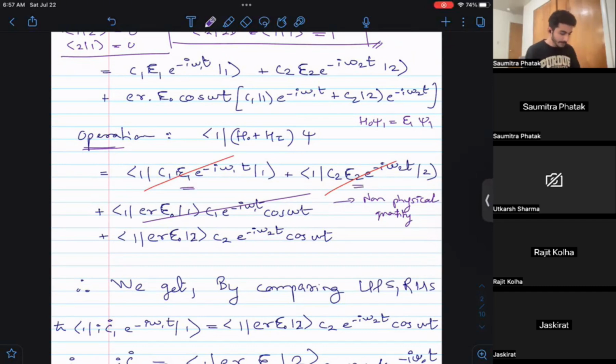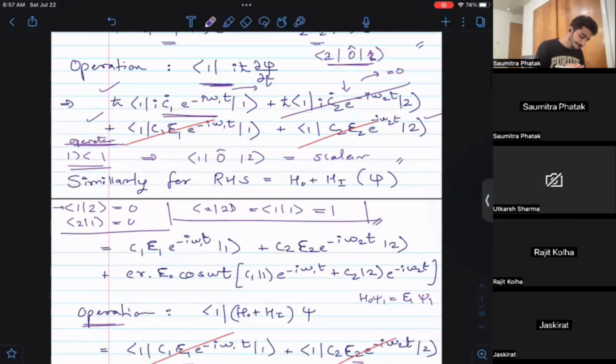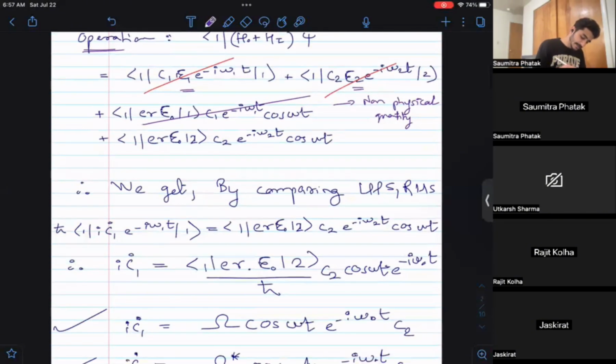And we know that the interaction Hamiltonian has the form where the interaction Hamiltonian is given by, so I am going rapidly because we already talked about this. The interaction Hamiltonian was the light-atom interaction Hamiltonian, where this is light and this is the dipole part.